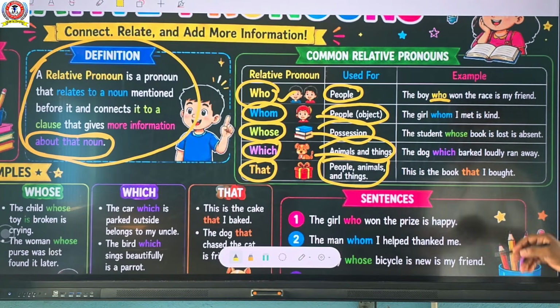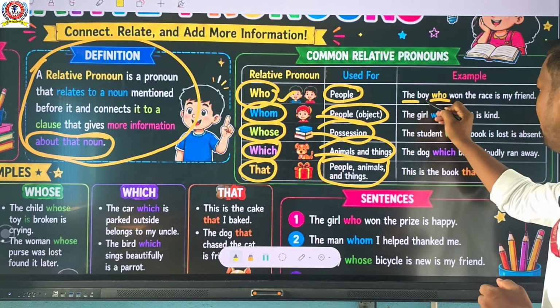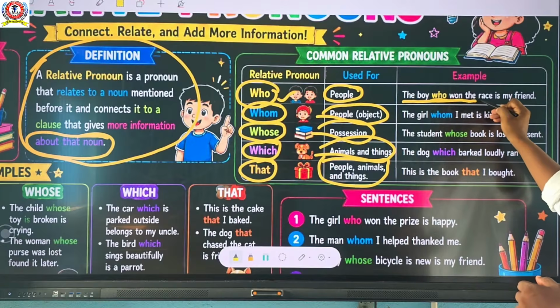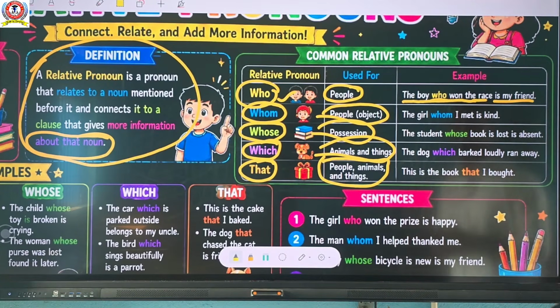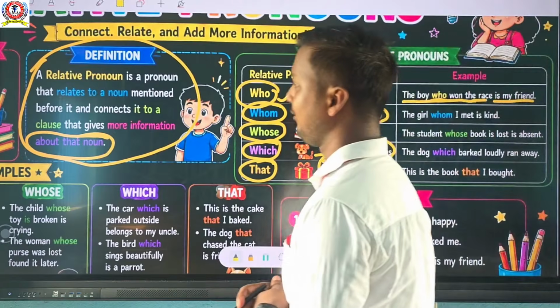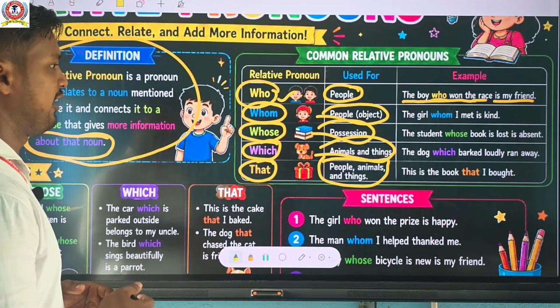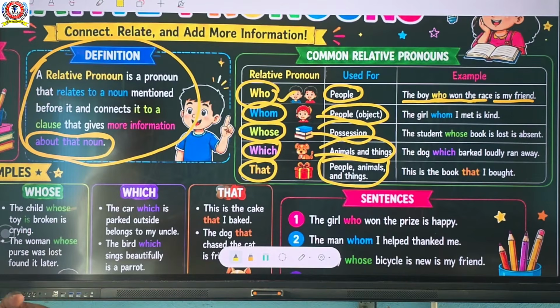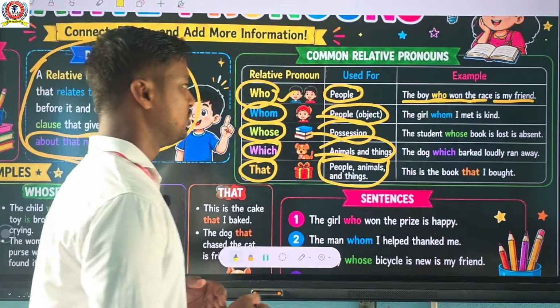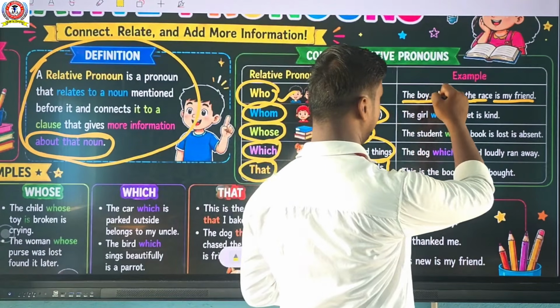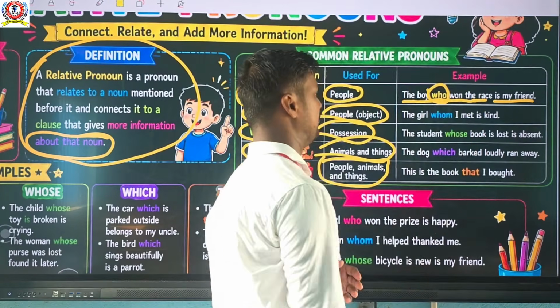You can see, the boy who won the race is my friend. There are two sentences and one relative pronoun joined the two sentences into one. So there is the relative pronoun who.